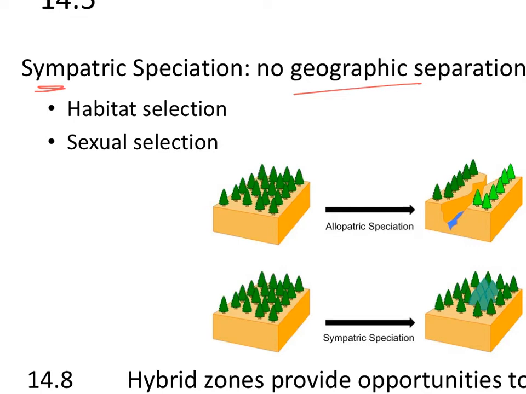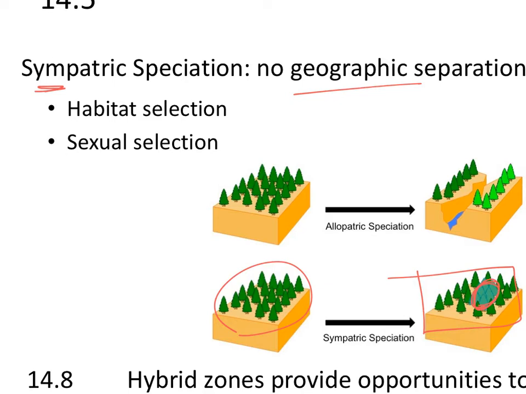So for example, maybe with these pine trees, some of the pine trees start to release pollen at different times of the year than other pine trees. That then is potentially going to cause breeding at different times of the year. And even though all the pine trees are in the same location, we start to have this separation where some of them are reproducing earlier in the year than others.